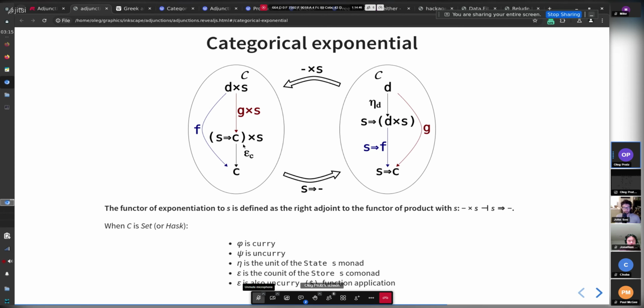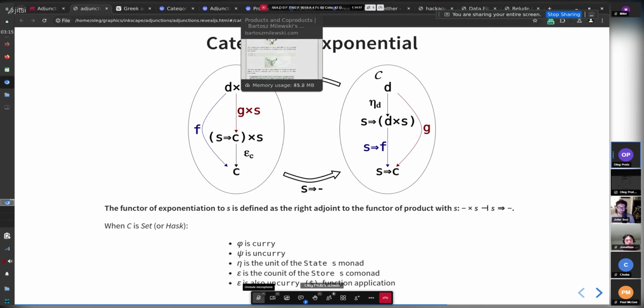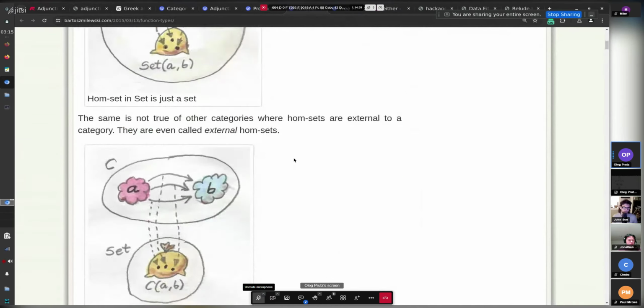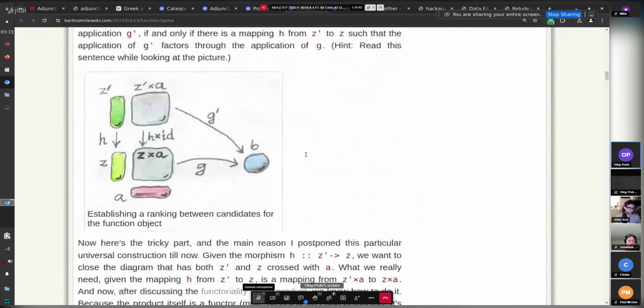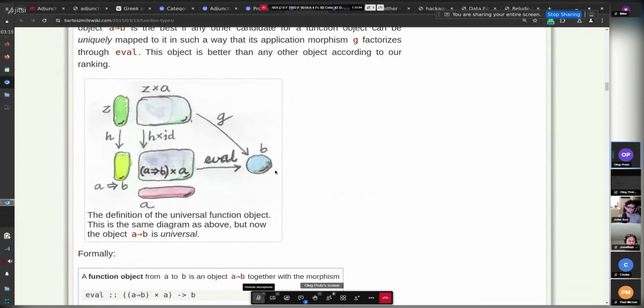So the co-unit here is called apply. If we look at the traditional definition, Milewski calls it eval, and some also call it apply.